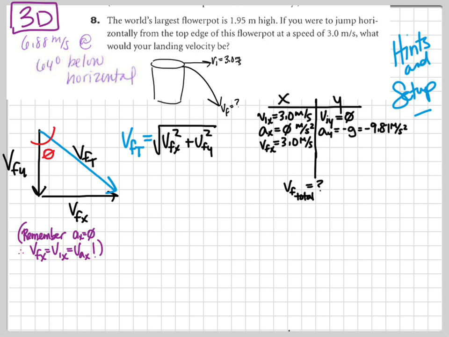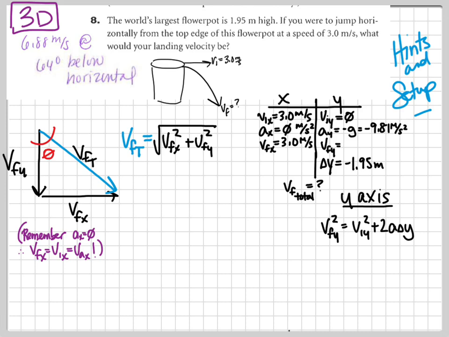I know that acceleration on the y-axis is gravity, negative g, and I don't know the VFY, but this is a case where I do know the y displacement, negative 1.5 meters. So I can treat this as a free fall problem and analyze the motion on the y-axis separately.